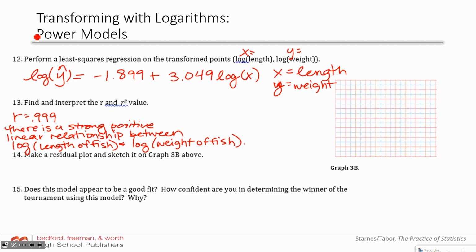And I might even want to add that there's a very strong positive linear relationship, because that r value is really close to 1.